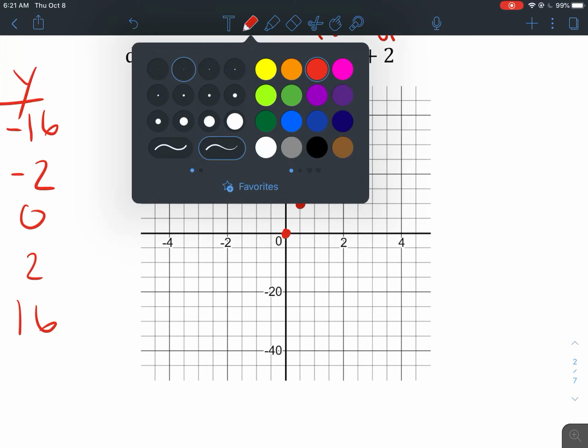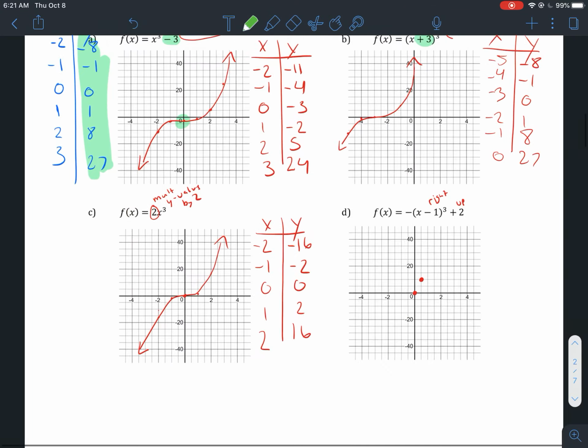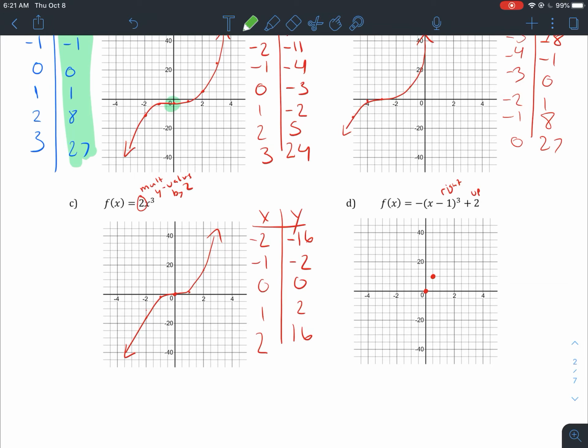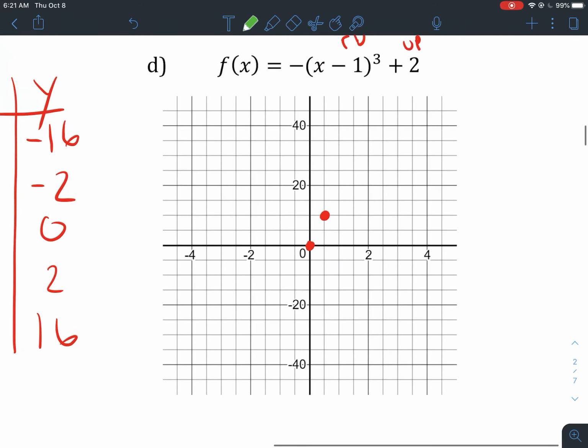Let's go ahead and plot another point. Let's do 2, 8. So we started off at 2, 8. We need to reflect over the axis, so we would go there. And then we're going to shift it 1 to the right and 2 up, which is kind of tricky.